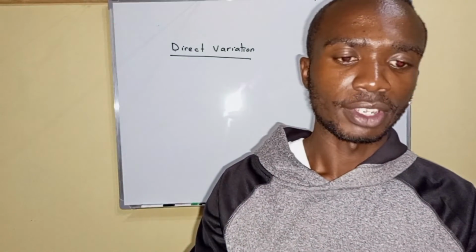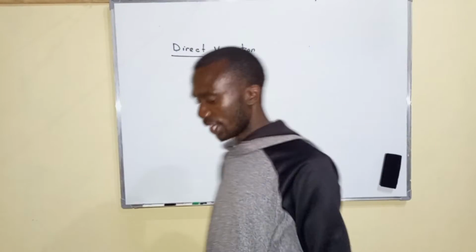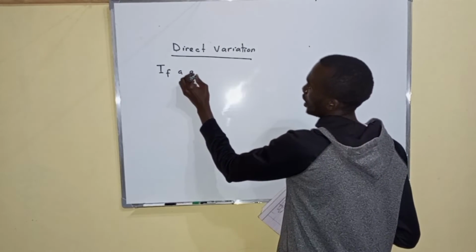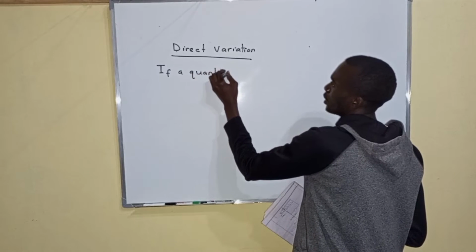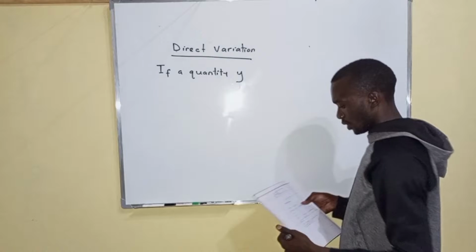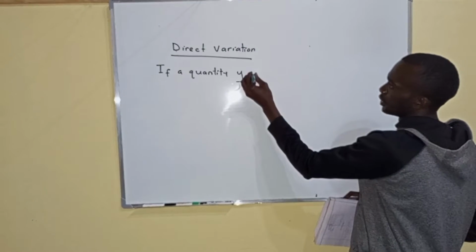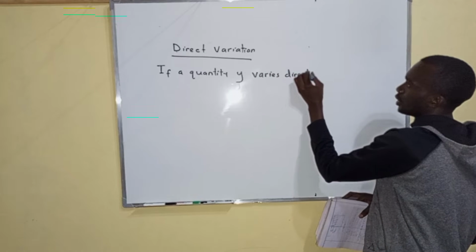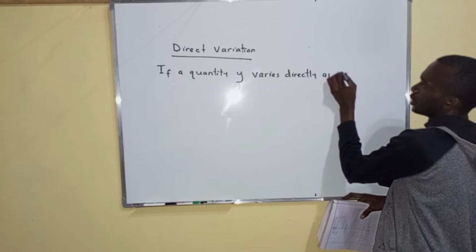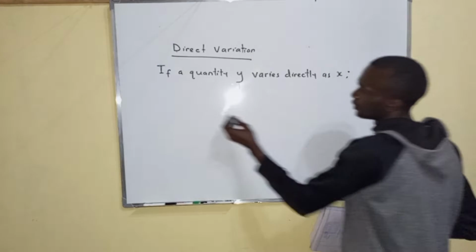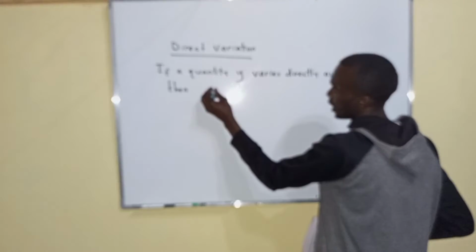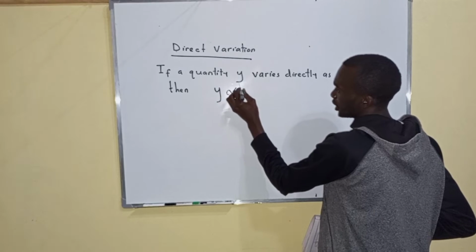So I'm going to teach you variation. Now, if a quantity y varies directly as x, mathematically y varies directly as x.